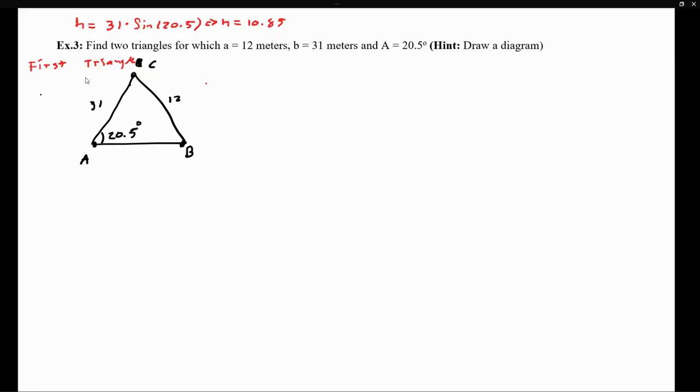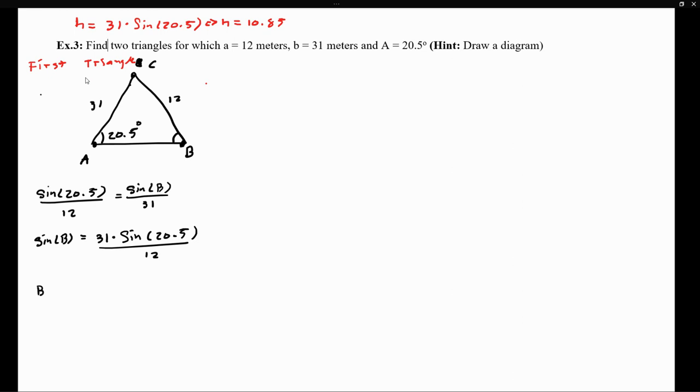So what else do we have? I can definitely solve for b right away, because now we can apply the law of sines, which, if we set it up correctly, would be sine of 20.5 over 12, and that's going to be equivalent to the sine of b over 31. And now the sine of b is going to be equivalent to 31 times the sine of 20.5 over 12.